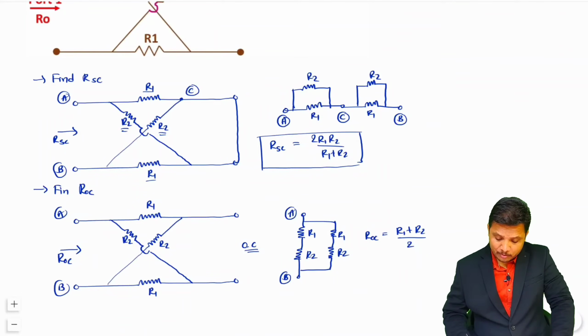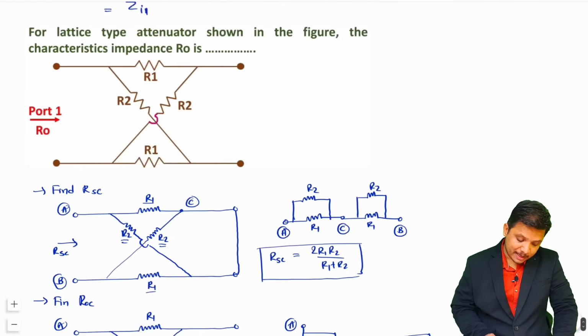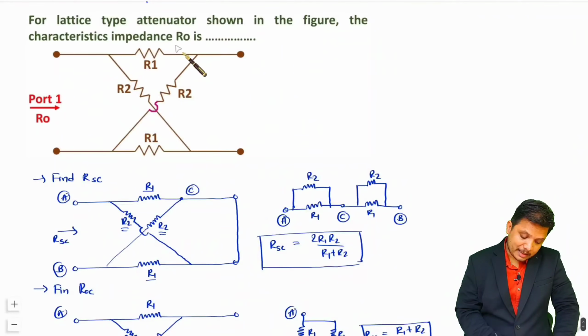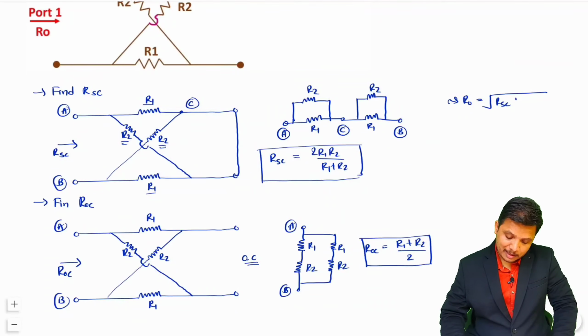So now we have RSC and ROC. So we can identify the characteristic impedance, right. So the characteristic impedance R0 will be the square root of RSC times ROC. So that will be over here 2 R1 R2 divided by R1 plus R2, into R1 plus R2 divided by 2.